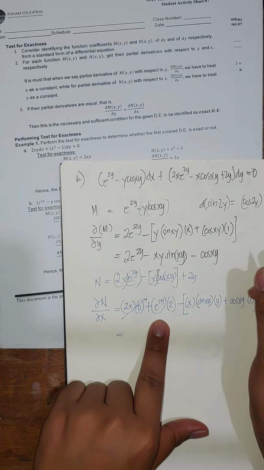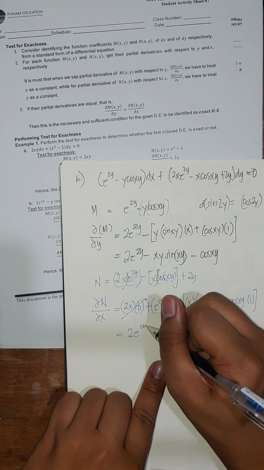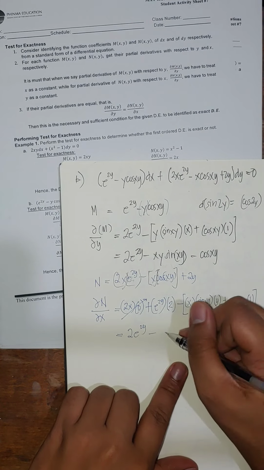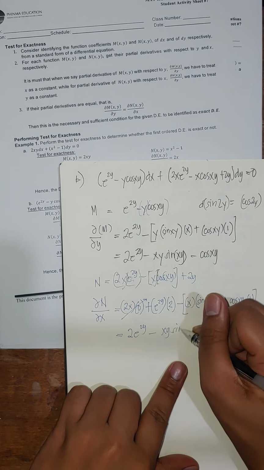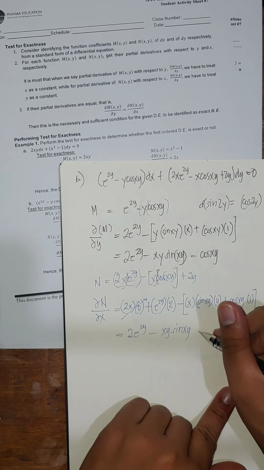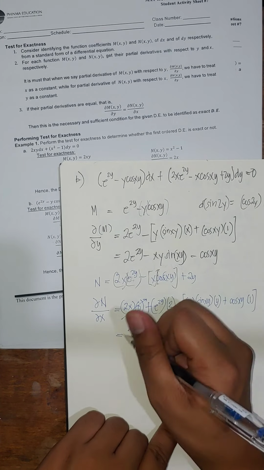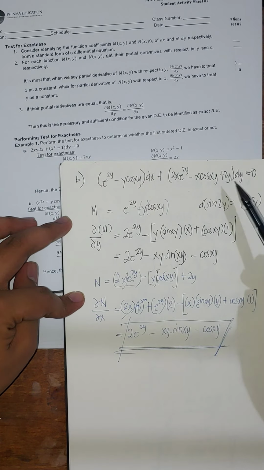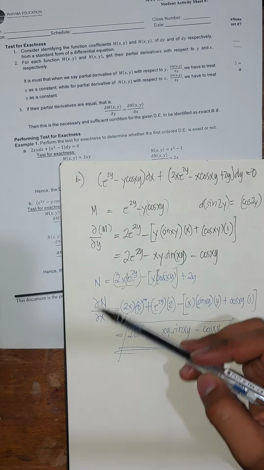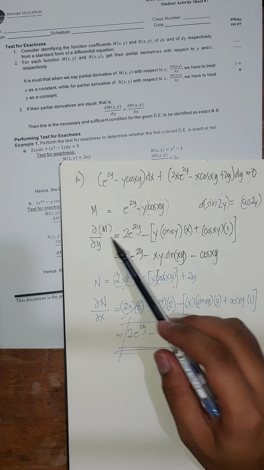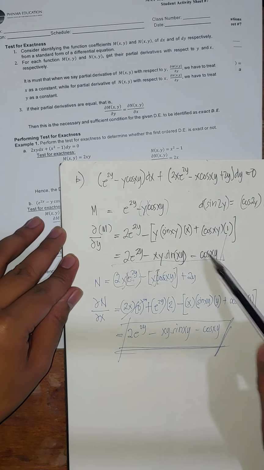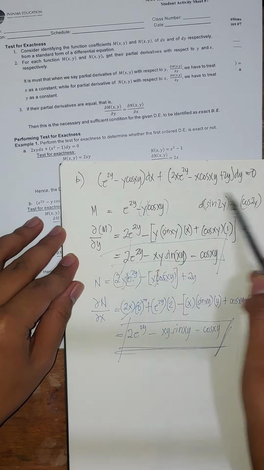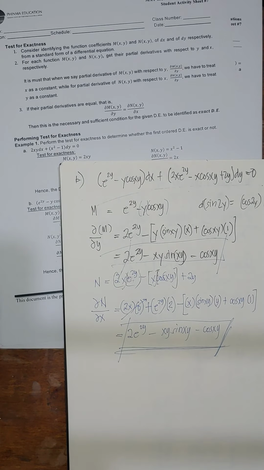Our final answer is 2e to the 2y minus xy sine xy minus cosine xy. If you notice, the partial derivative of N with respect to x is equal to the partial derivative of M with respect to y. Therefore, this differential equation is an exact differential equation.